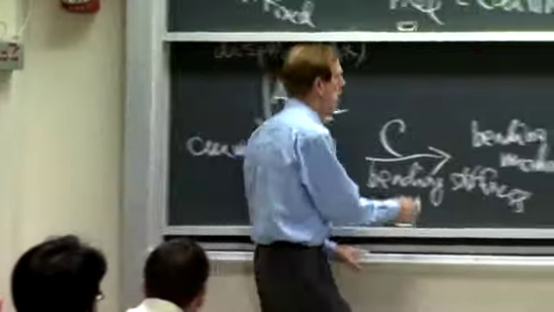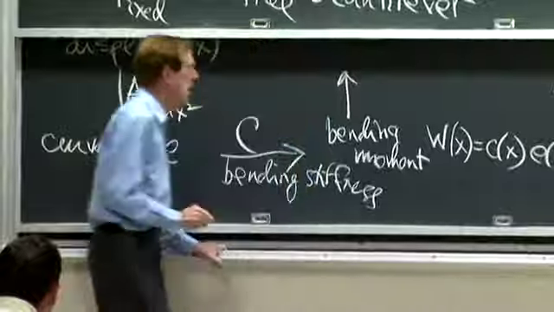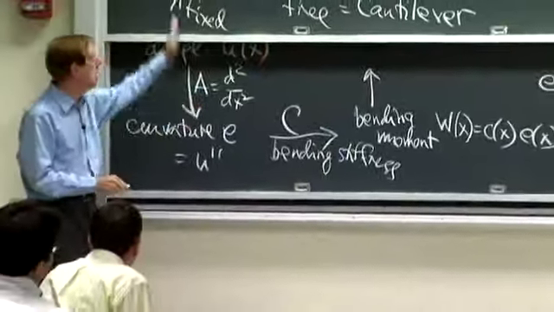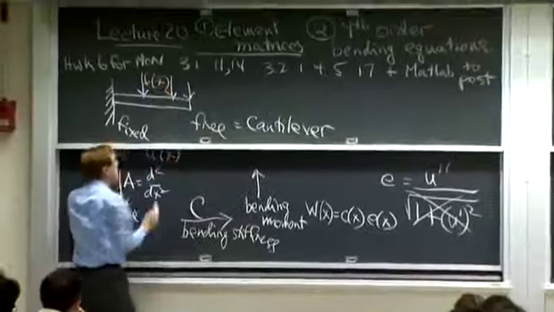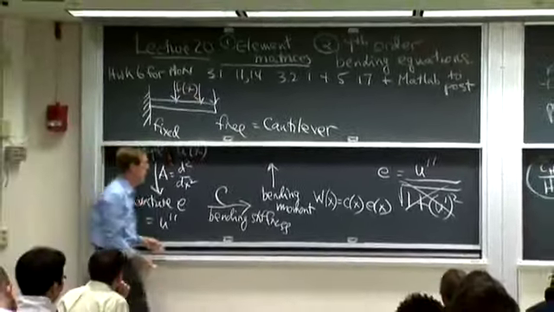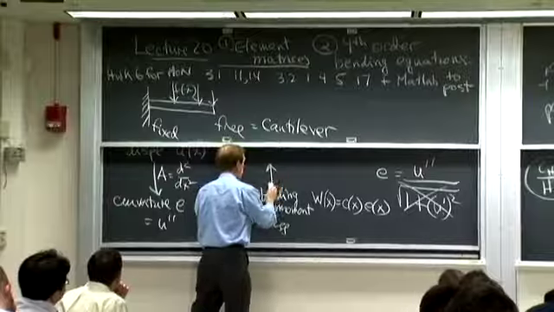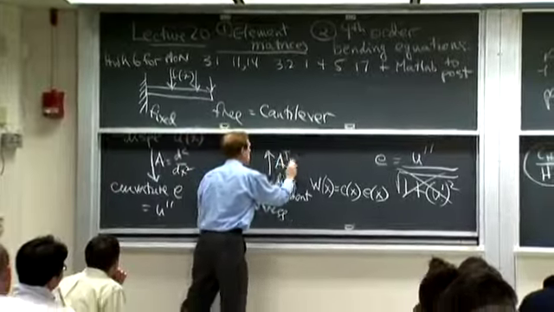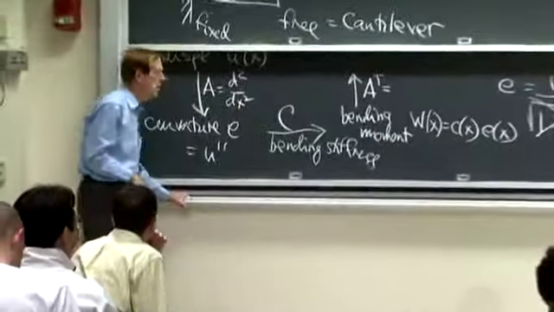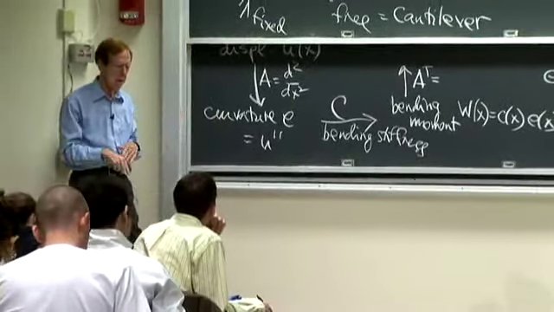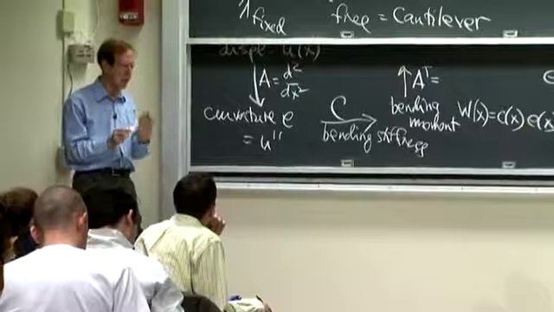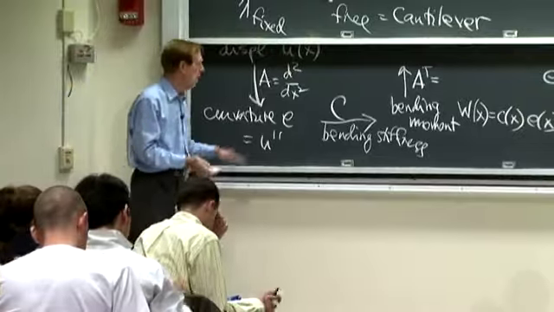And then, of course, there'll be an equilibrium equation to balance the load. So this load is the f of x. And you know what that'll be, because it'll involve A transpose. And the transpose of that, do you want to just make a guess? I shouldn't use transpose, of course, but I'll use it again. It'll be the same.